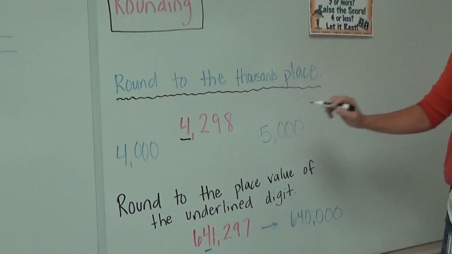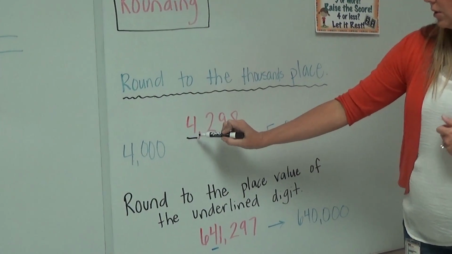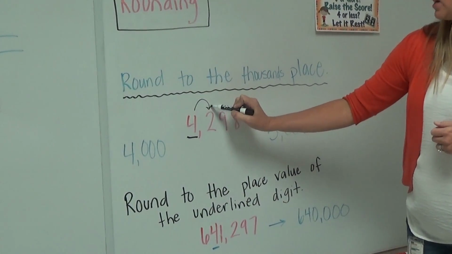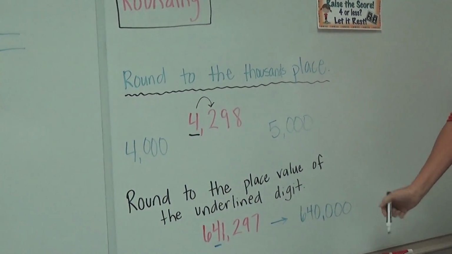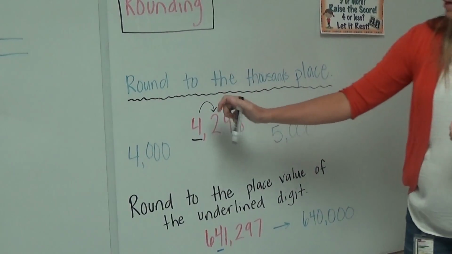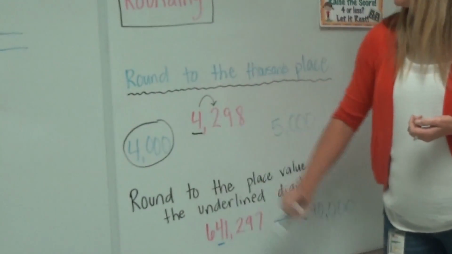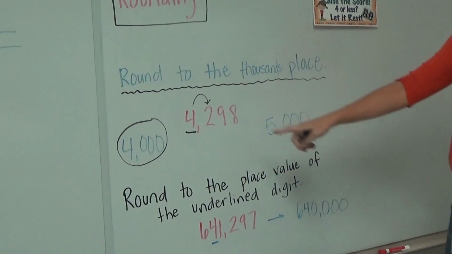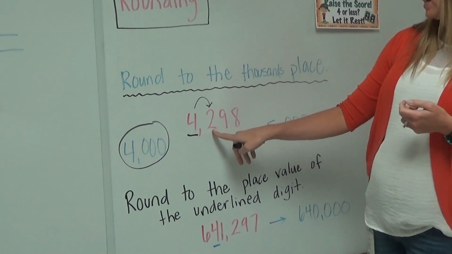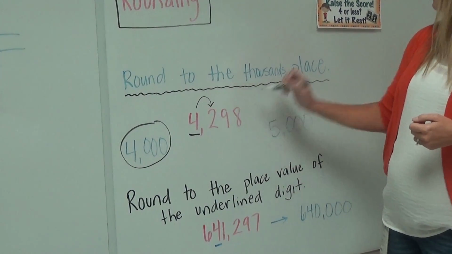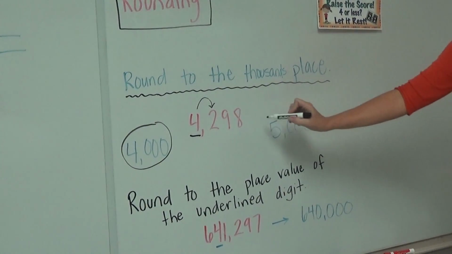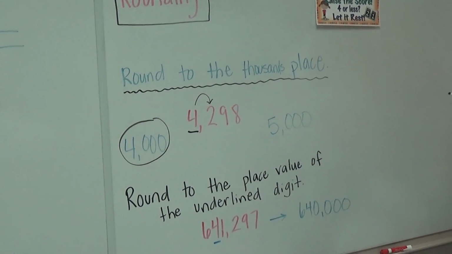Since we're rounding to the thousands, we look next door at the 2. That 2 tells us we're going to let it rest, and we round this number to 4,000. If this number had been an 8, so 4,898, that would be an example of 5 or more, so we would have rounded to 5,000.